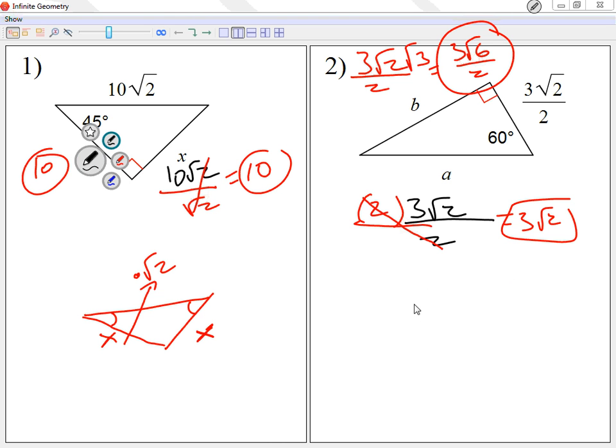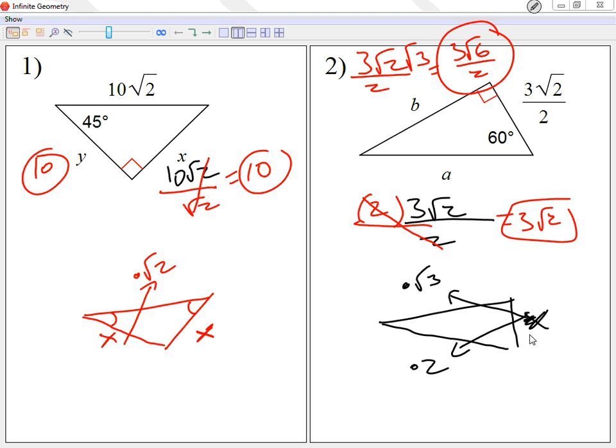On the 30, 60, 90, you start from the small side. It could be x. That's what you want to start from. To go to the hypotenuse, you multiply by 2. To go to the other side, you multiply by radical 3. As long as you start from the small side, you always multiply.